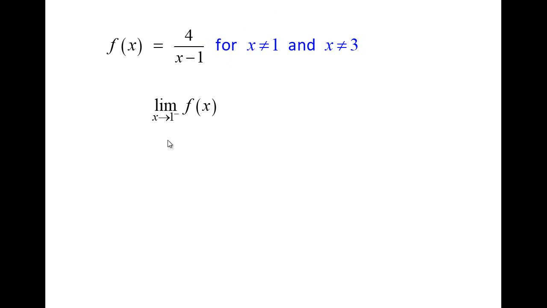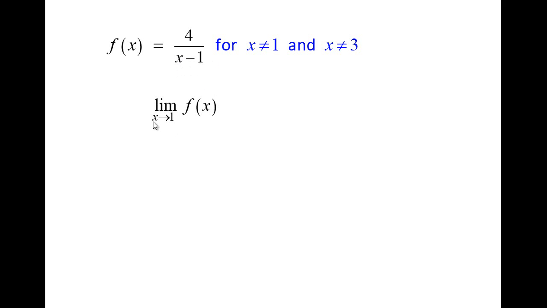As x goes to 1, the numerator goes to 4, obviously, and the denominator goes to 0, obviously. But notice that as x goes to 1 from the left, x is less than 1, then x minus 1 would be negative.